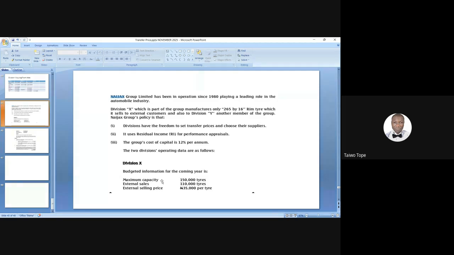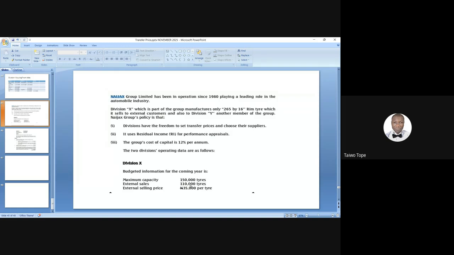In this case, the maximum is 150,000 and the external sales is 110,000 tires. So if Division Y wants to buy from Division X, they can only get 40,000 tires based on certain considerations.